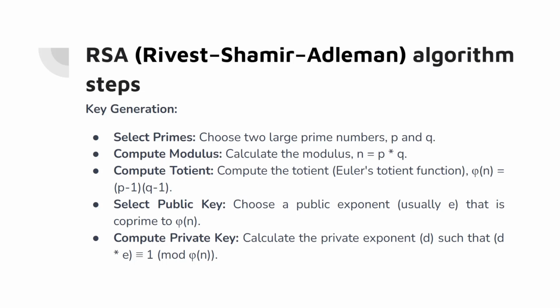There are several applications for the RSA. The RSA is commonly used to secure the transmission of sensitive data over networks, such as in HTTPS for secure web browsing. In digital signatures, the RSA provides a way to verify the authenticity and integrity of digital messages.